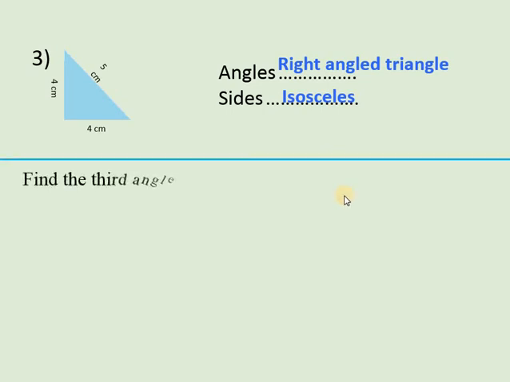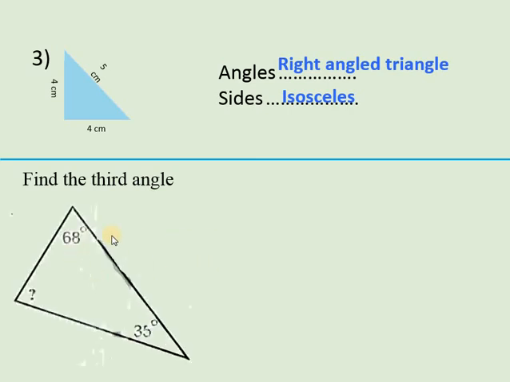Okay, let's see another example. As we know, the measure of the interior angles of any triangle equals 180. Right. If I have 2 angles and I don't have the third one, what should I do? Okay, this is very easy.